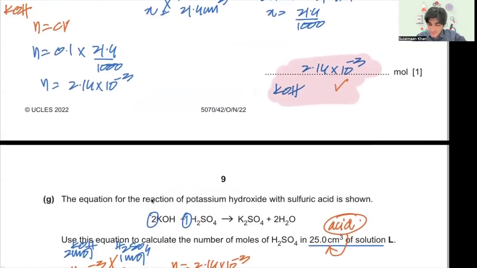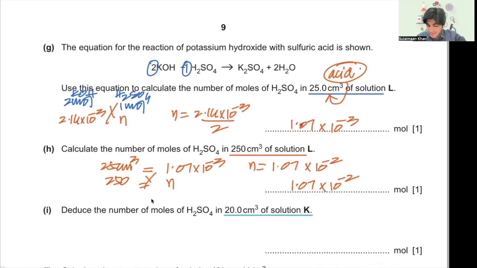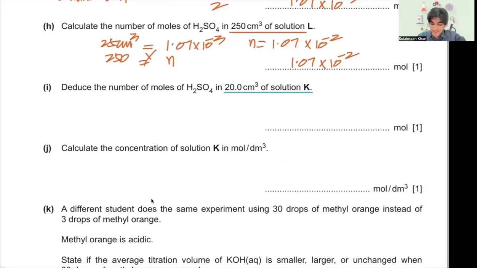The examiner used to do this: the moles here would be half of this, and then you'd just add, make minus 3 go to minus 2, and make these two equal. That's how my friends memorized it, because the Cambridge pattern became so predictable. Fair. But now we also know the logic behind it, so it's not just rote learning. So the moles of 20 cm cube of K would be the same: 1.07 into 10 to the power minus 2.